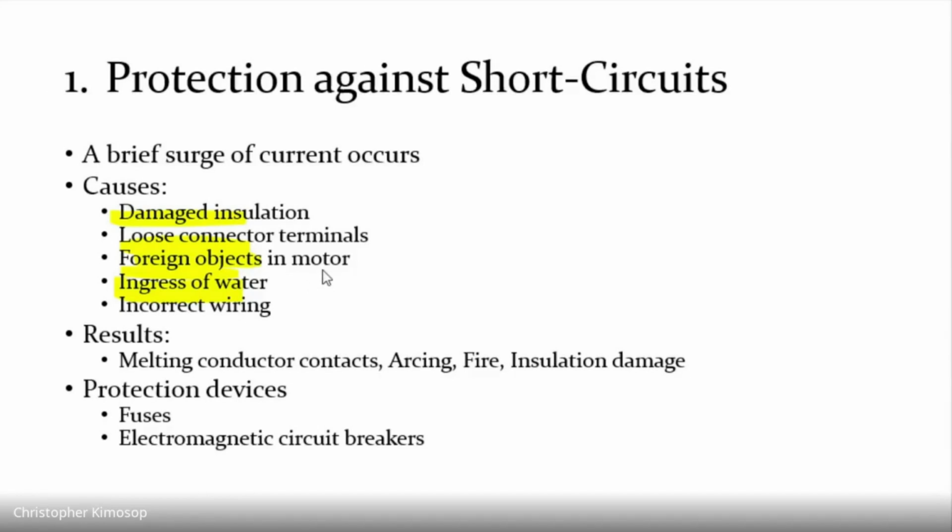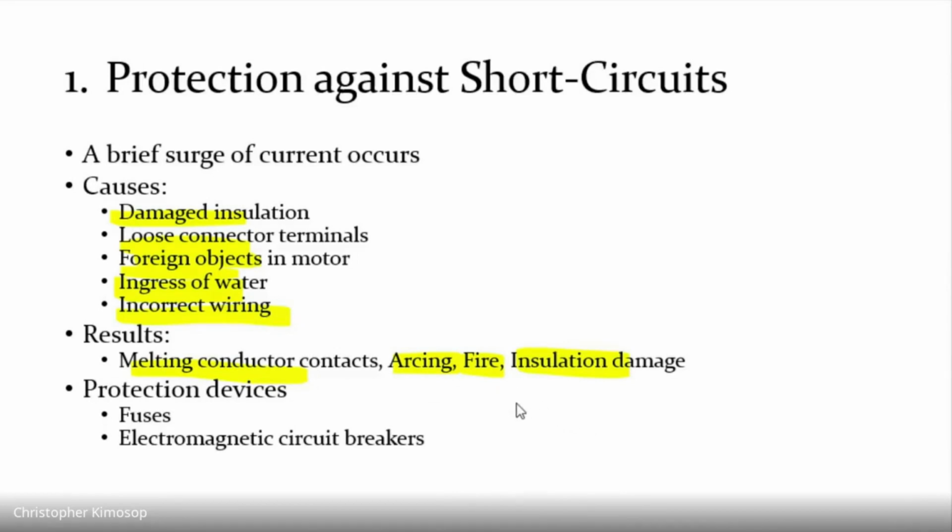That's why we have motors having IP ratings, so that if they're operated in areas where there's a risk of water, it can prevent the water from coming in. Or you can even just have an error in wiring. Those are related to what we had listed before. The results are melting of the conductor contacts. We talked of arcing, fire, and insulation damage.